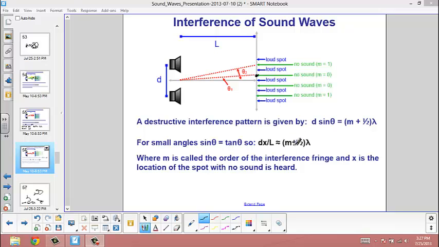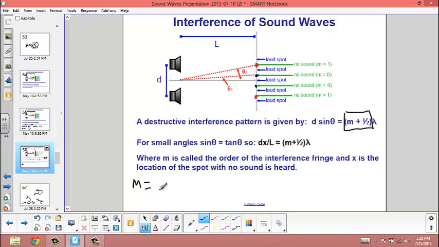So what does the m plus 1/2 signify? It does have a special meaning. It turns out that it's the number of wavelengths that you're off by when you're standing at these various locations. Here and here, let's just say the black dots, I'll put a dot here, they're the 0th fringe. If we put red dots here and here, that's the first fringe. So in the 0th fringe, that m plus 1/2 is the number of wavelengths you're off by.